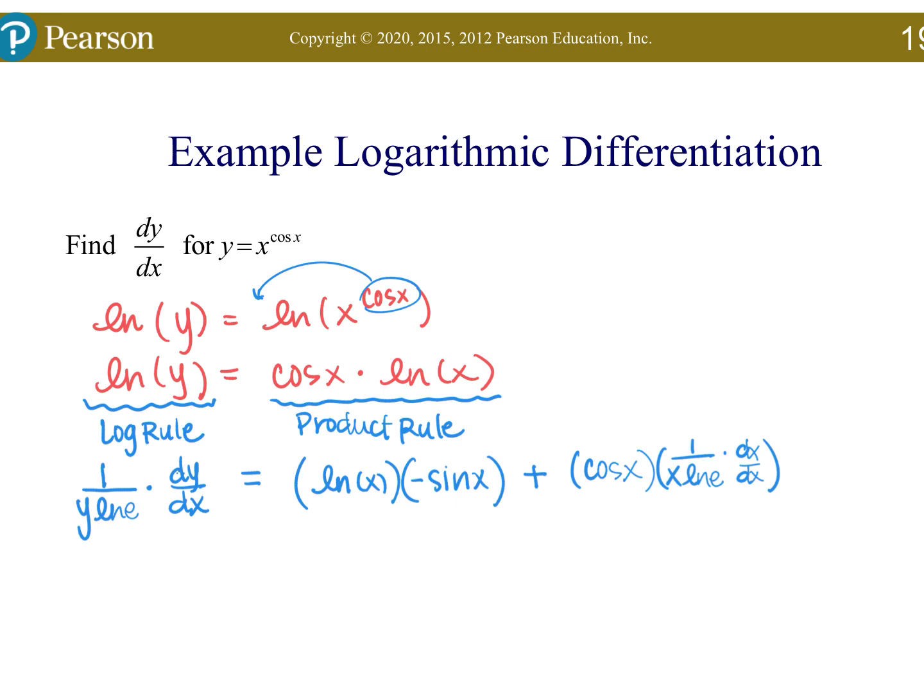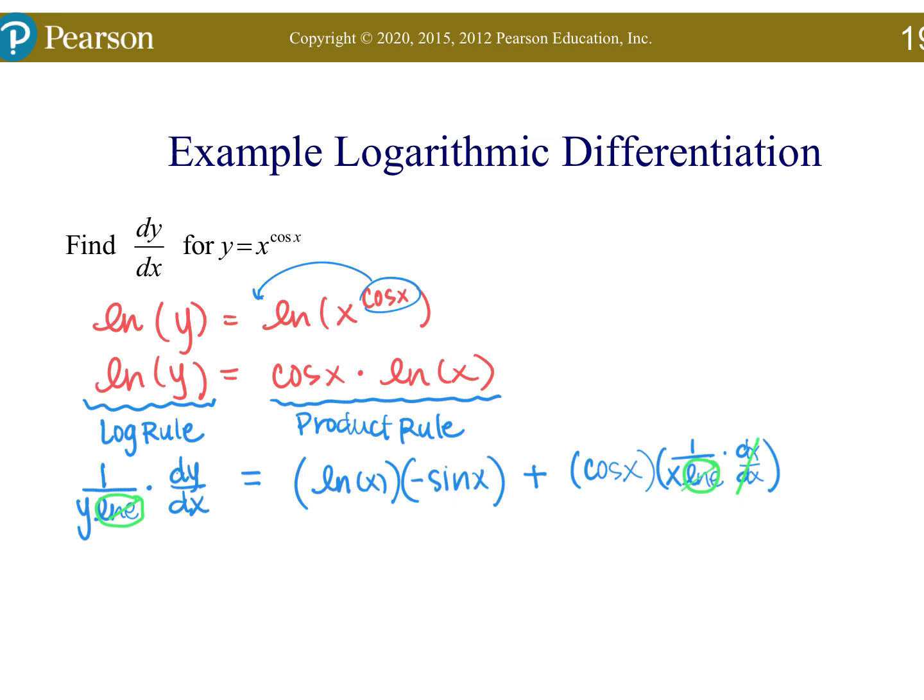Now let's just simplify. Clean it up. Both of my natural logs of e will become 1, so that will simplify. My dx/dx also becomes 1.